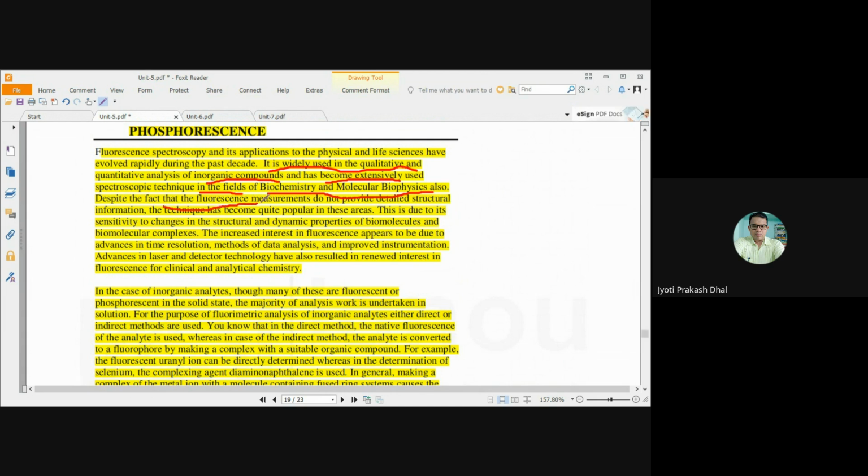Despite the fact that fluorescence measurements do not provide detailed structural information, the technique has become quite popular in this area. This is due to its sensitivity to changes in the structural and dynamic properties of biomolecules and biomolecular complexes. The increased interest in fluorescence appeared due to the advanced time resolution.